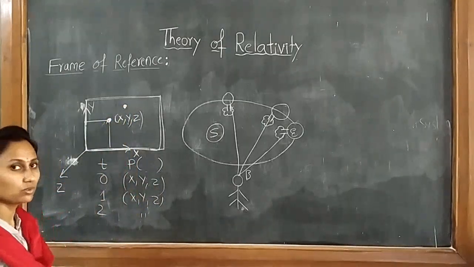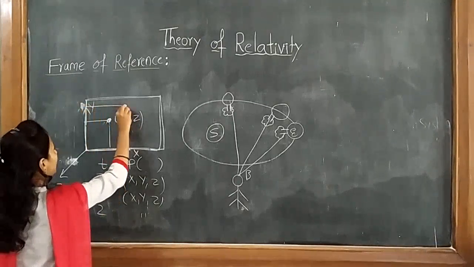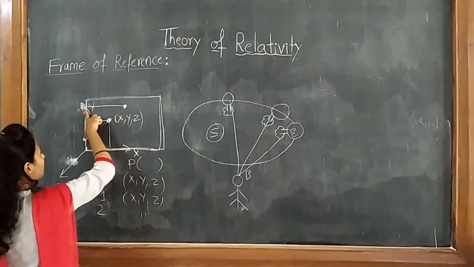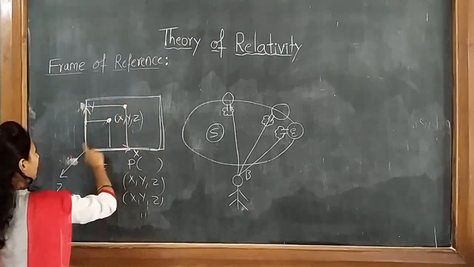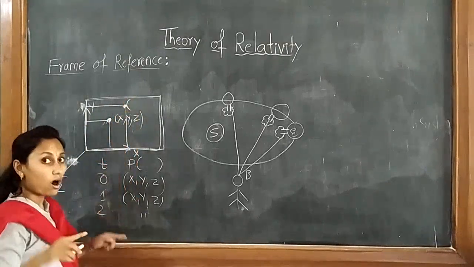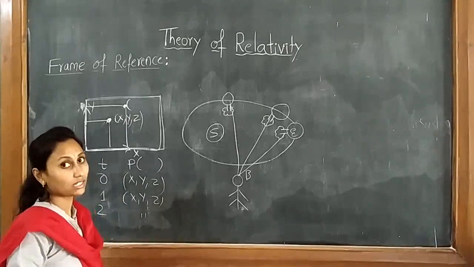When it comes here, of course the x distance increases, at the same time the y distance increases, and the z distance also increases. So now the coordinate position is changing.